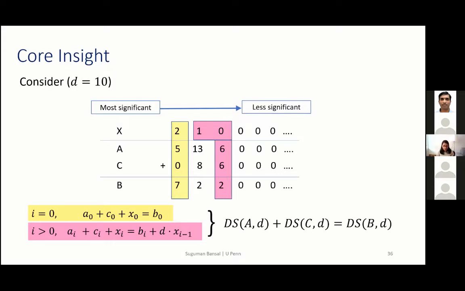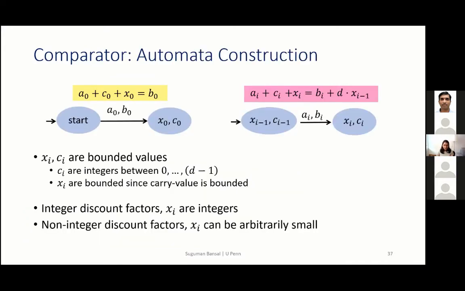Now, how do we capture these ideas into an automata construction? And this is how we do it. I'll say that the states of my automata are going to be all combinations of Xi's and Ci's. From the start state, transitions will have to follow the yellow equation.